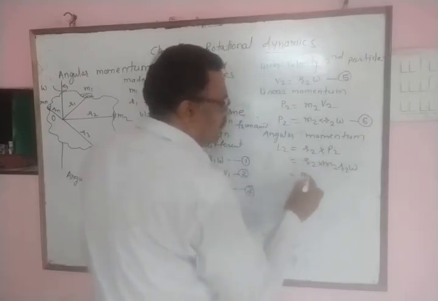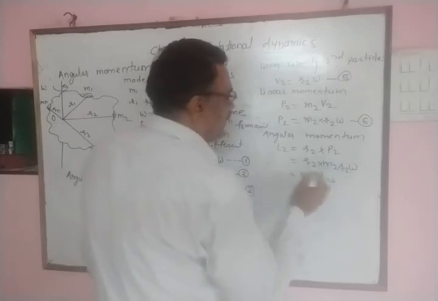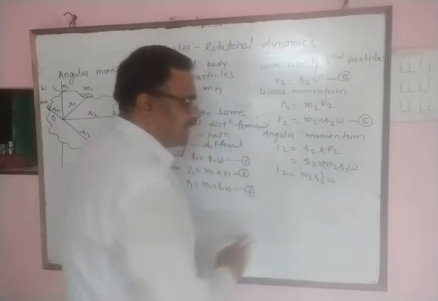Therefore M2 R2 square omega. This is the angular momentum of the second particle.